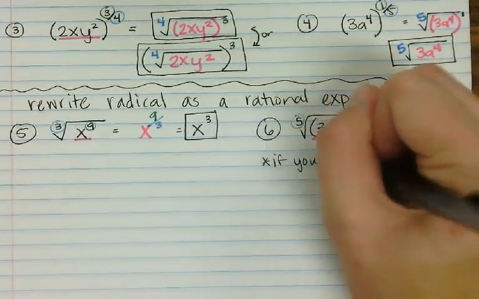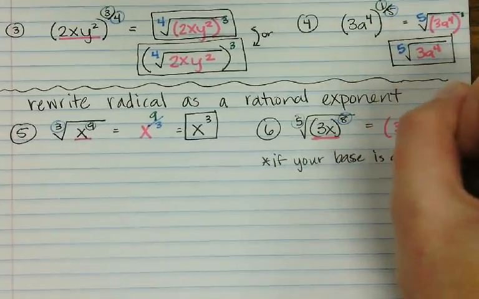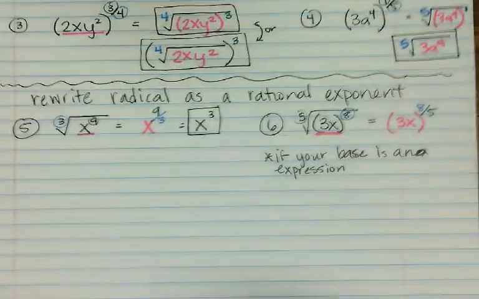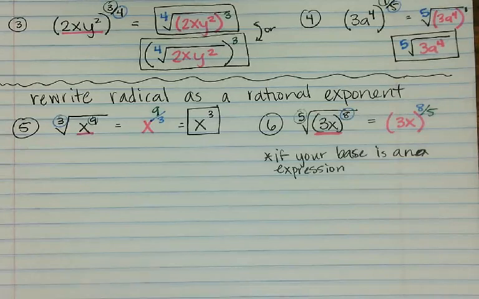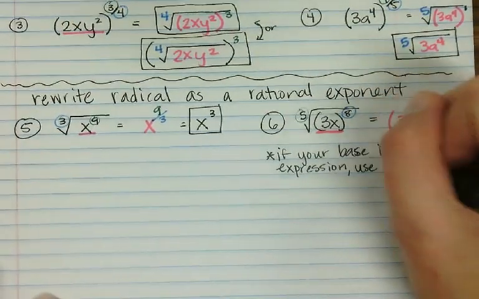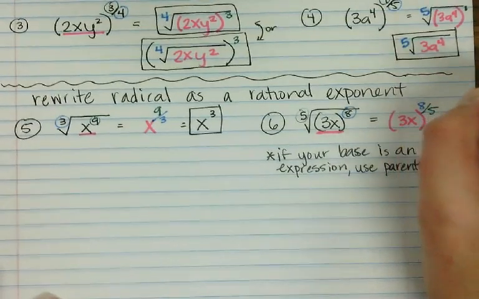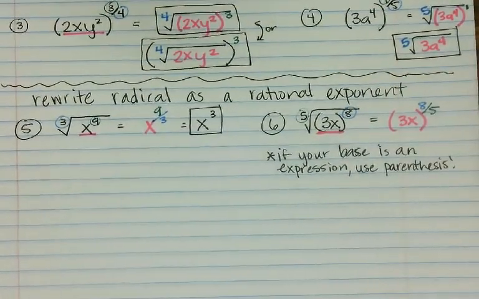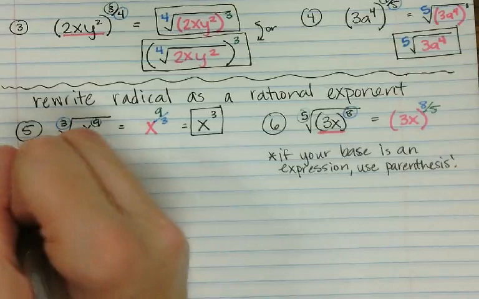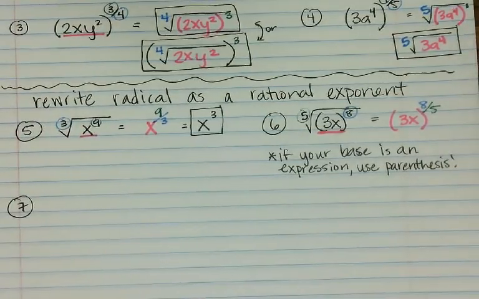If your base is an expression, so if it has like a 3x, or basically anything more than one letter or one number, you need to use parentheses. All right, guys? Use those parentheses. So make sure if your base is an expression that you use parentheses. Cool? All right, let's take a look. We will do 2 more like this, and then we will be done with this guy.